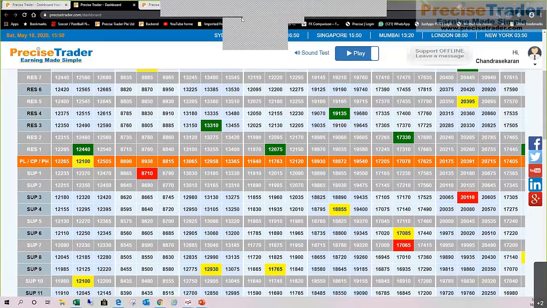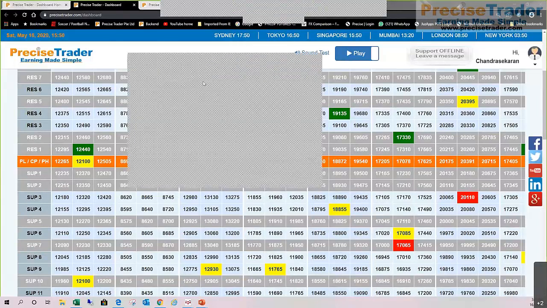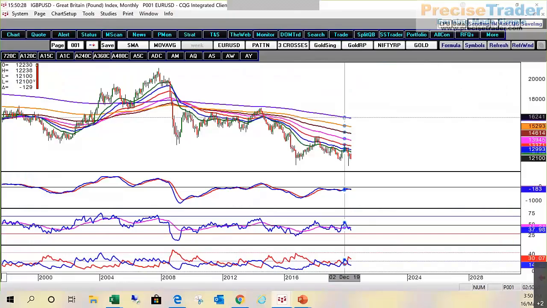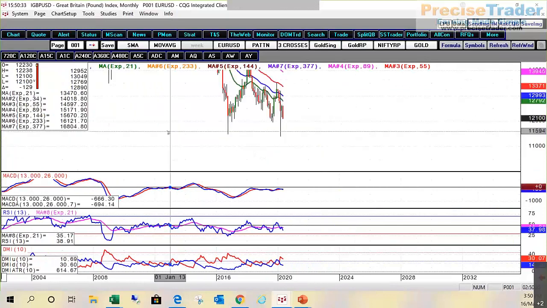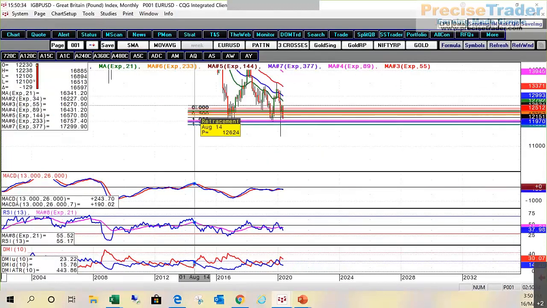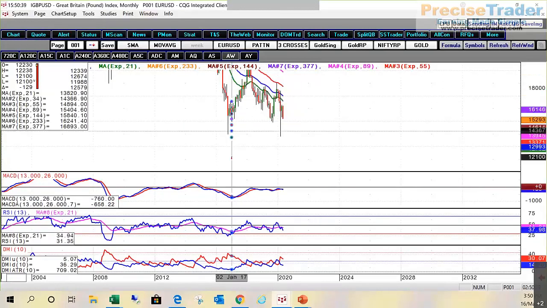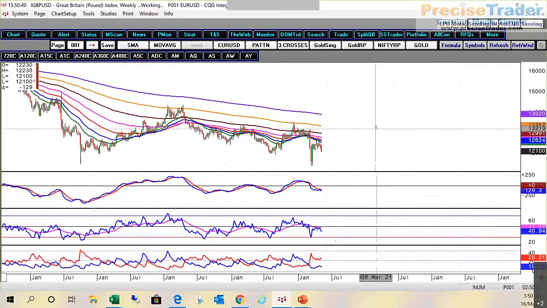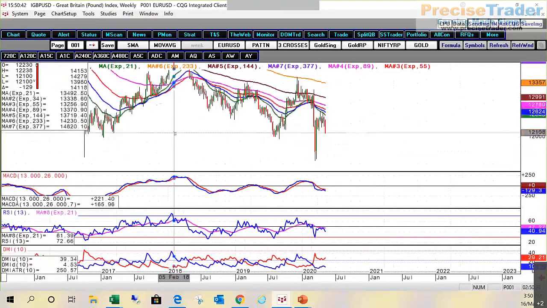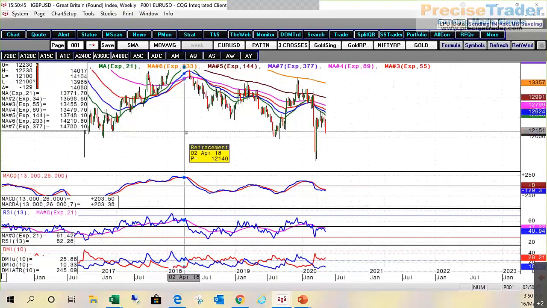Let's verify with the chart. Looking at the chart, the monthly is still in congestion, and we are expecting lower. On the weekly, it just broke out of the congestion.